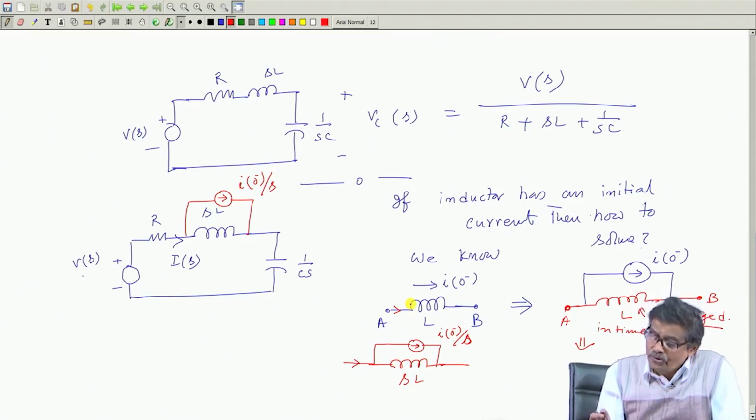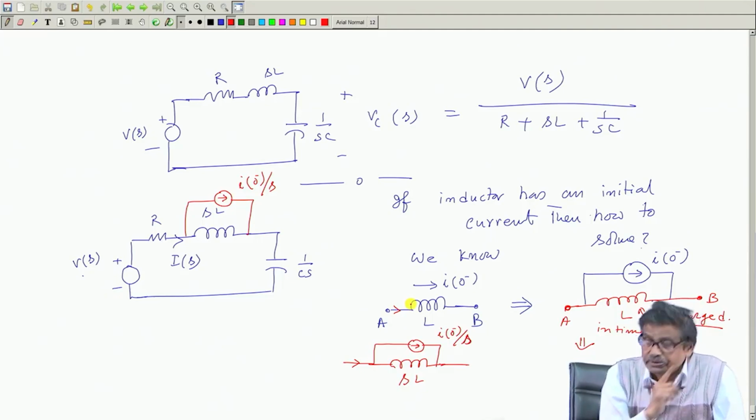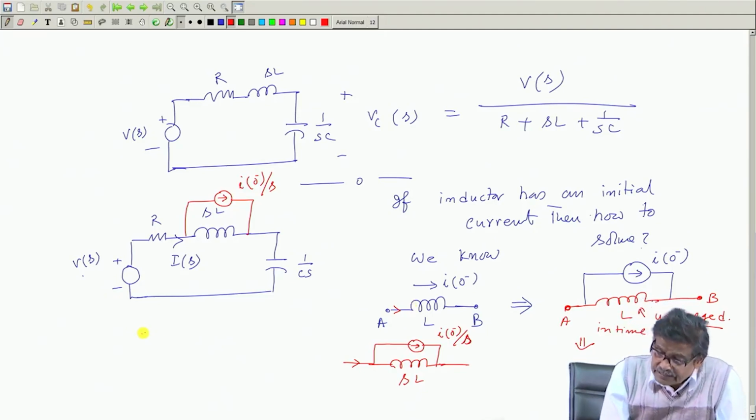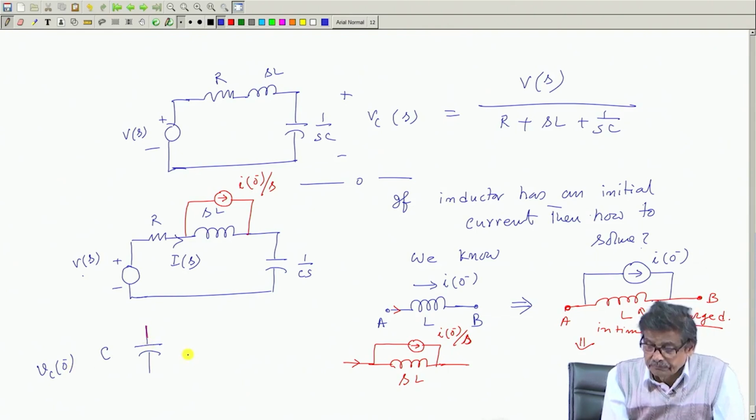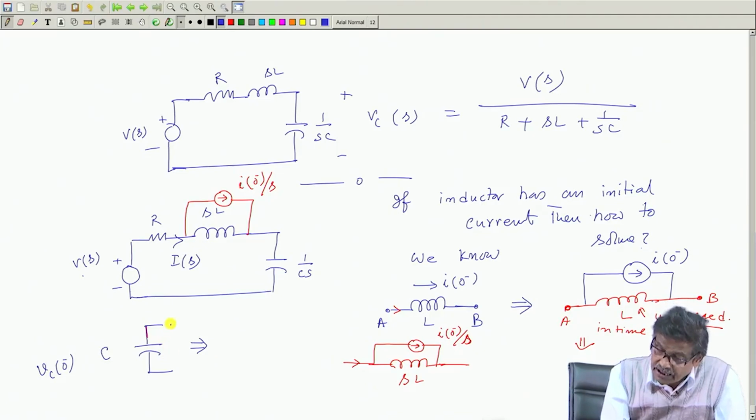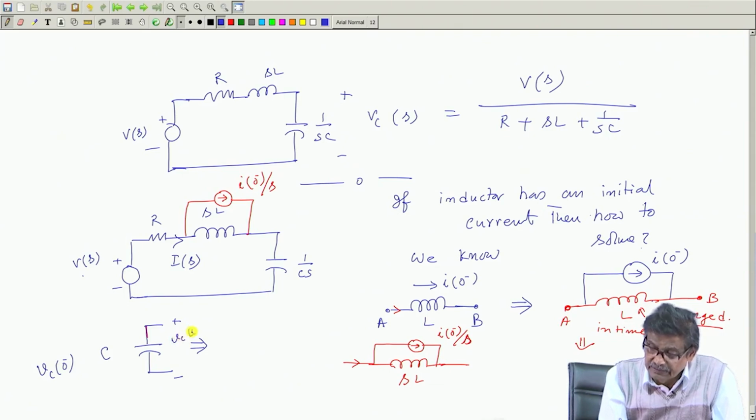Similarly, we know from our earlier discussion which we did at the initial phase, that if a capacitor has got some Vc 0 minus, then in time domain, how to represent this capacitor? Suppose I want to find out this voltage VC(t) across the capacitor.